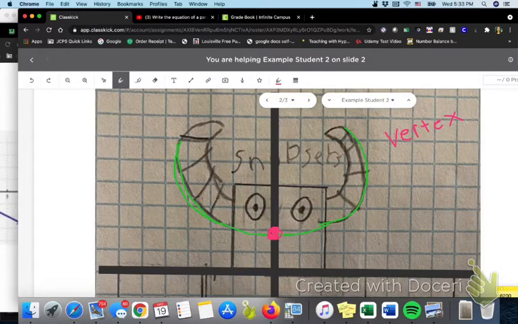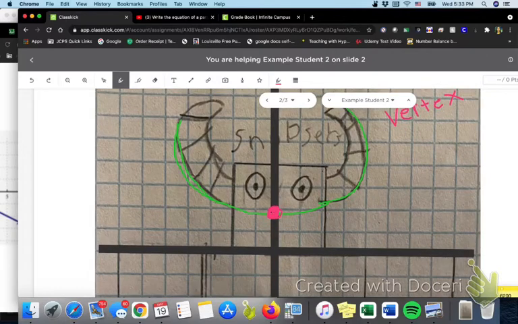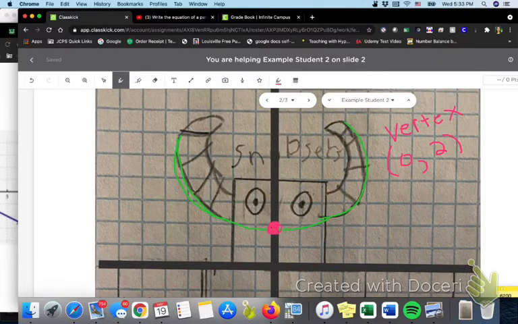And we need the ordered pair for that vertex. Because it is right in the middle of the x-axis, the x-coordinate of that vertex is 0. And because it goes up 2 from the origin, the y-coordinate is a positive 2. So we've got the ordered pair that represents the vertex.